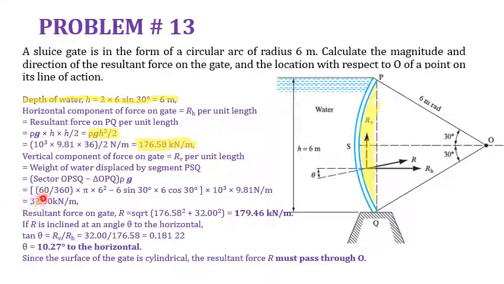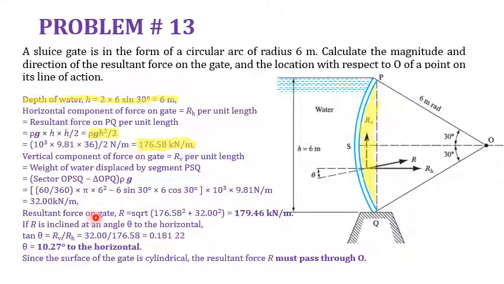So area of this sector will be 60 divided by 360 multiplied by pi 6 square minus 6 sine theta into 6 cos theta. So I believe that you can figure it out yourself. Into the density 1000 into g 9.81. So you'll have your answer 32 kilonewton per meter width of the arc.